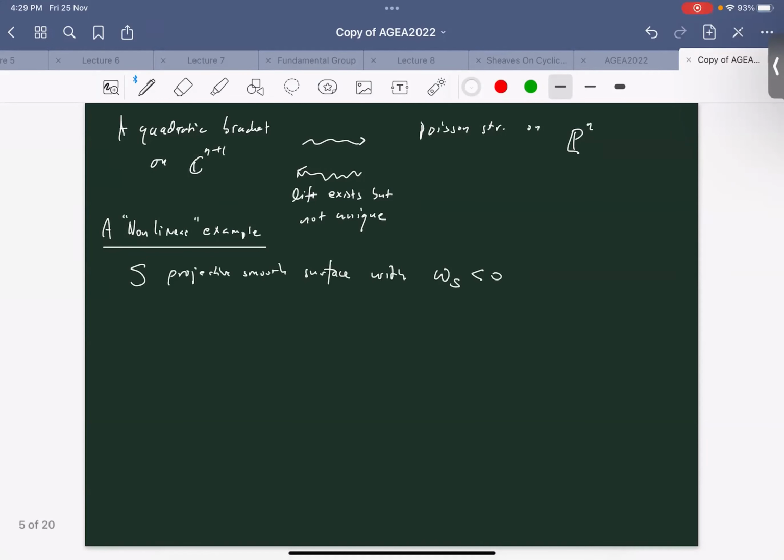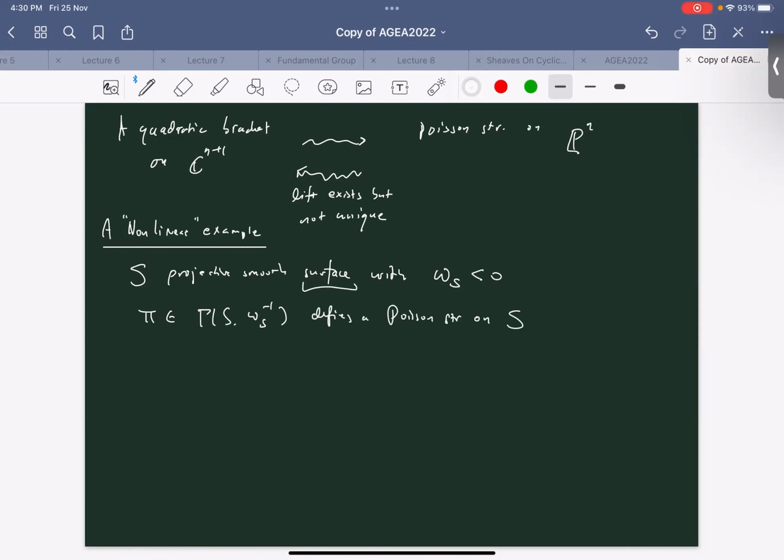In this case, because it's a surface, we can take an arbitrary section of the anti-canonical line bundle, which is ample. Let me assume there is a non-zero section, but even if the section is 0, it still makes sense. So this defines a Poisson structure on the surface S.